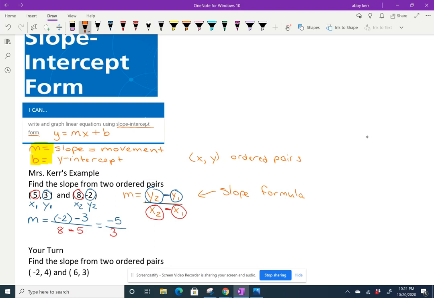So your slope for this problem is negative 5 over 3. Do not make it a decimal. Do not make it a mixed number. We want a numerator and a denominator because that is going to tell us our rise over run or our fall over run. So keep it as a fraction, even if the numerator is a bigger number.